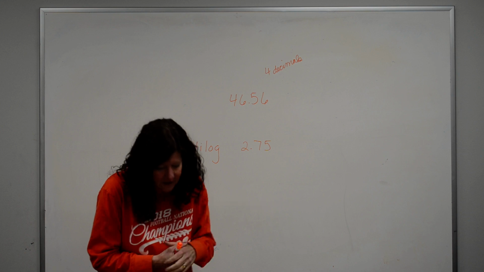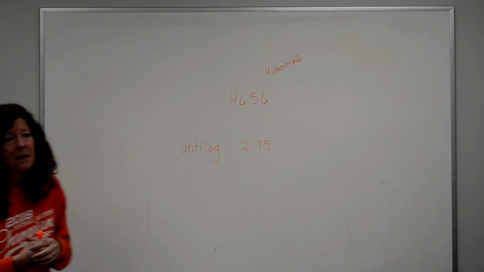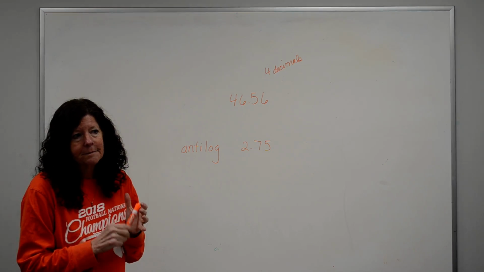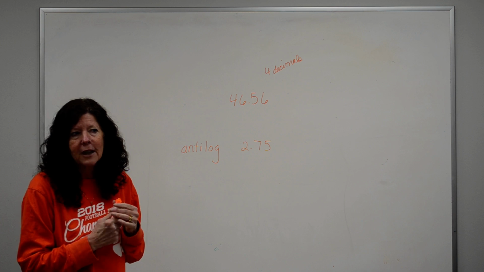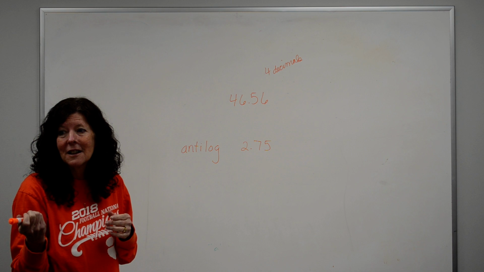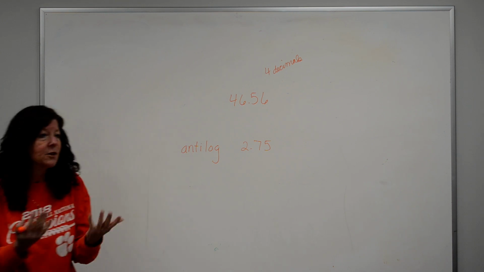The next section was section 10.5. It's very similar to common logs, but it's called natural logs. And what's the base of a natural log? E. Do you remember the value for E? 2 point something. It's 2.178. Now that's rounded, obviously, like pi is 3.14.